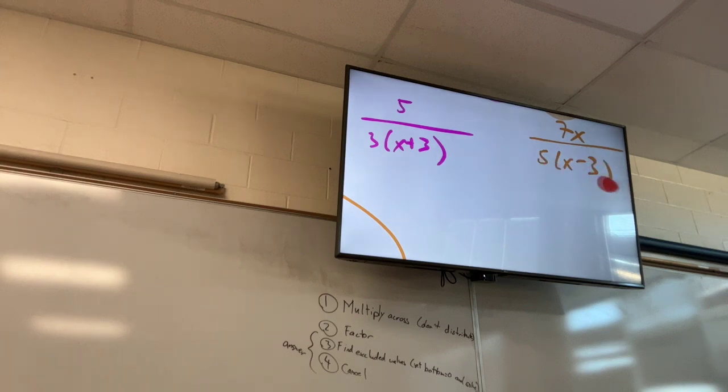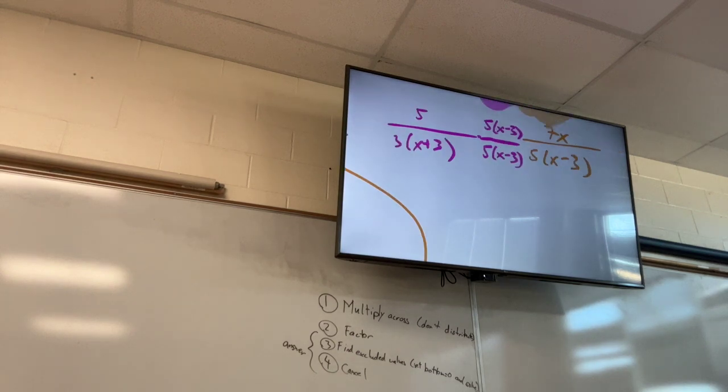It's missing an x minus 3. You see that? So we need to multiply the top and bottom over here by 5, and by x minus 3. It's missing that whole thing. Okay? So that gives us 25 times x minus 3 all over 15 times x plus 3 times x minus 3.